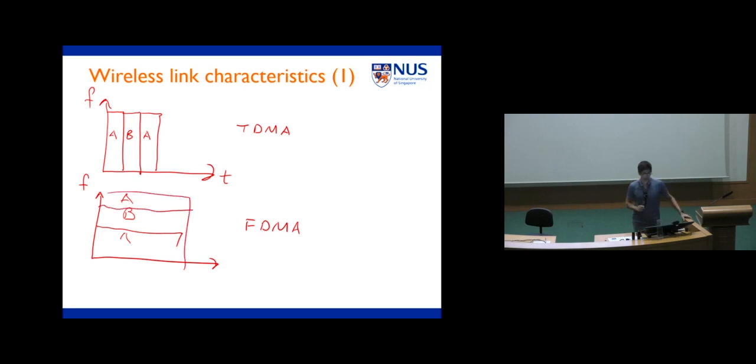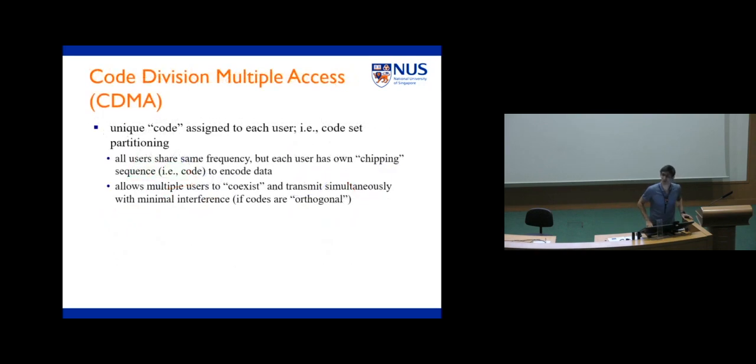like so. And now I'm telling you there is another way, which is code division multiple access, in which they can transmit using the same time frequency band, but their signals can still be decoded. And how do we do this? Well, we assign a unique code to each user.